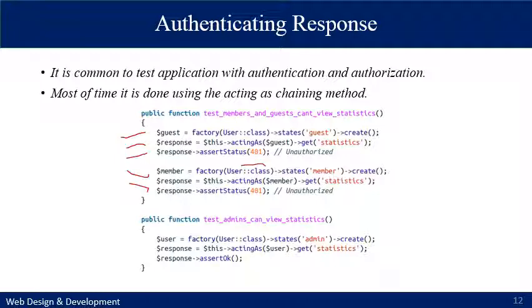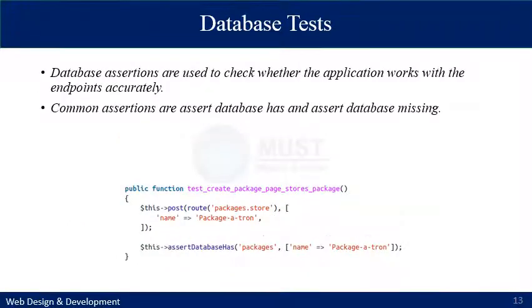The public function is again used in the next example, and here we have a user who is an admin, and in this case we check that they are allowed to view the statistics page and we return with the assert OK statement. Database assertions are used to check whether the application works with the endpoints accurately.